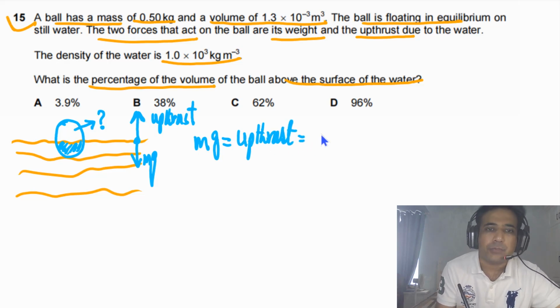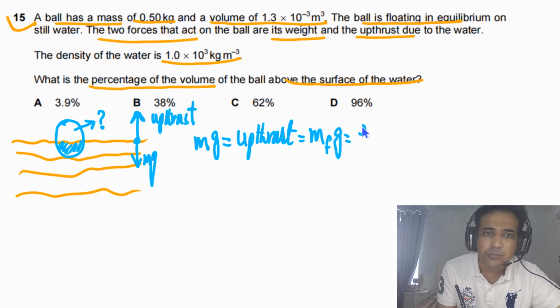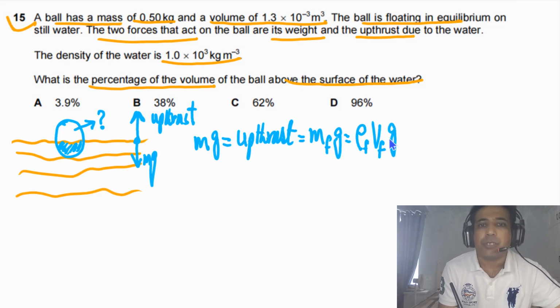This is the mass of fluid displaced times g, and the mass of fluid displaced is equal to density of the fluid times volume of fluid displaced times g.